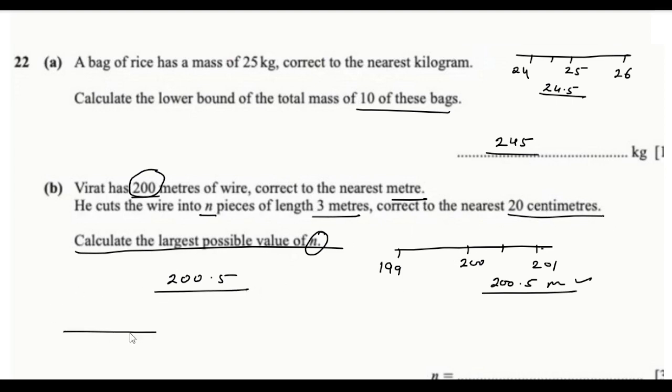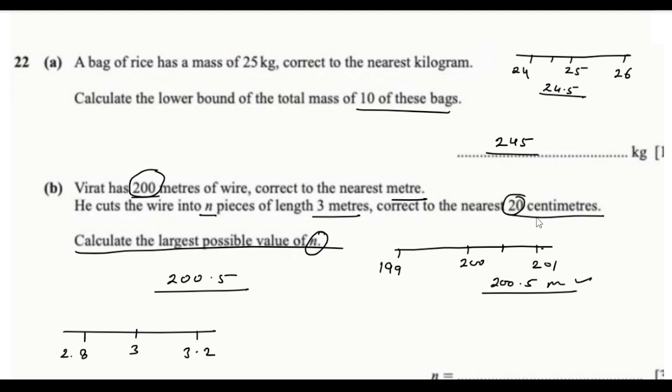This is my 3 meter, and it is correct up to 20 centimeter, so it will be 2.8 meter, and here it will be 3.2 meter, and then I have to divide by the lower bound. See this statement: when I am cutting them in a length of 3 meter, those 3 meters are correct to the nearest 20 centimeter.